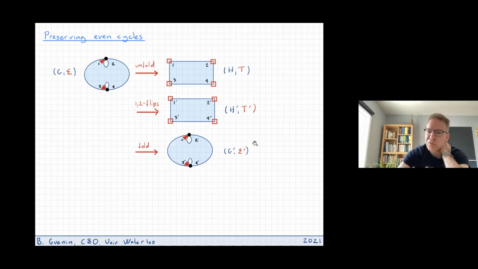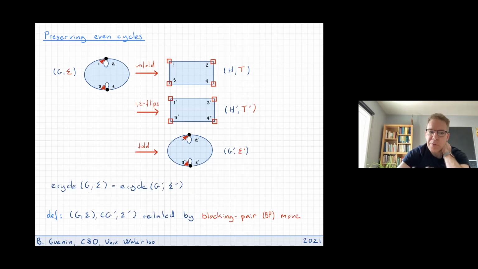And then you just fold it again, and you're going to map again even cycles of the first signed graph to the even cycles of the second signed graph. And we're going to say that those 2 signed graphs are related by a blocking pair move, right? So 2 operations, right, which preserve either even cycles or even cuts, which are really dual of one another.